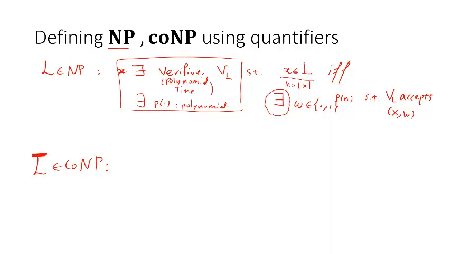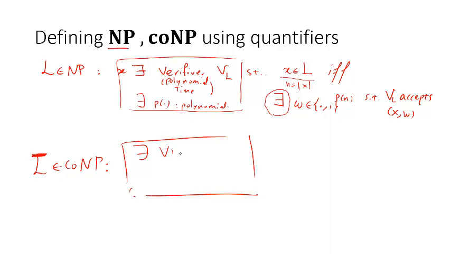Now we want to give a definition for L bar. We already know that when L bar is in coNP, L was already in NP.